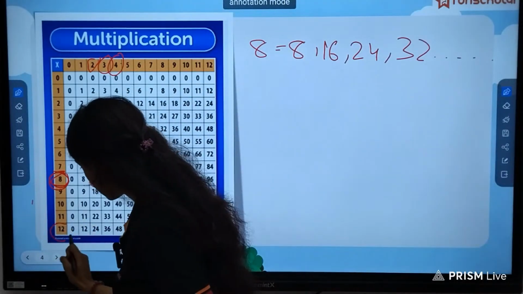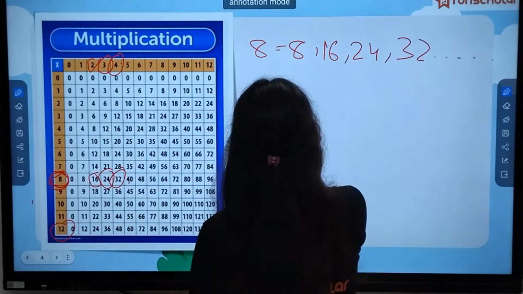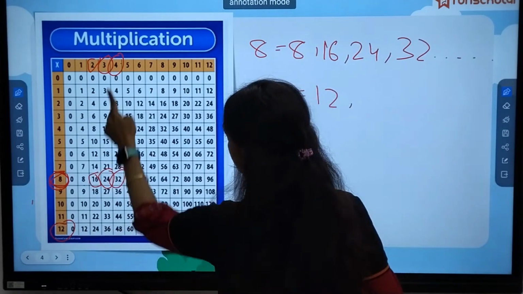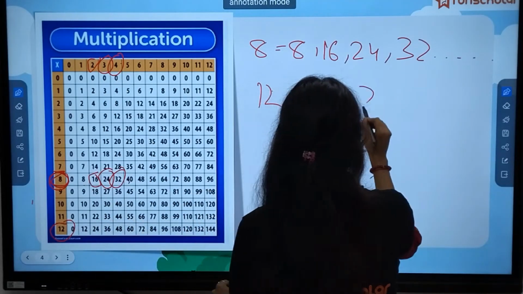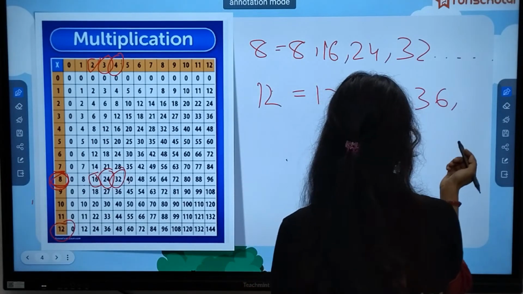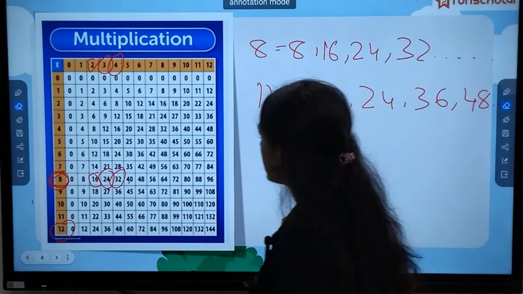Similarly, if I ask you to write the multiples of 12, again 12 into 1 equal to 12. 12 into 2, 24. 12 into 3, 36. 12 into 4, 48, and so on. Clear?